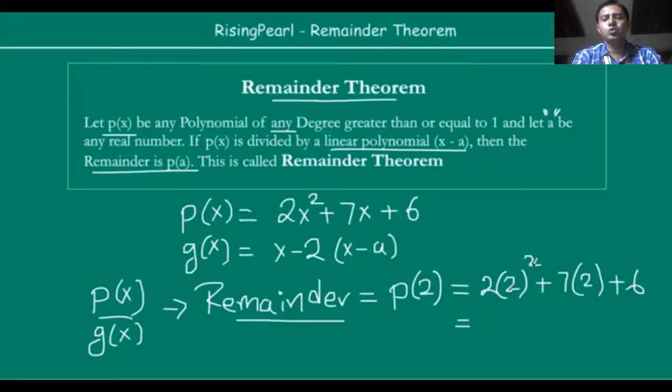Now 2 square is 4, and 4 twos are 8, 7 into 2 is 14, and plus 6. 14 plus 6 is 20, and 20 plus 8 is 28. So you can see the remainder is 28 here using the remainder theorem.